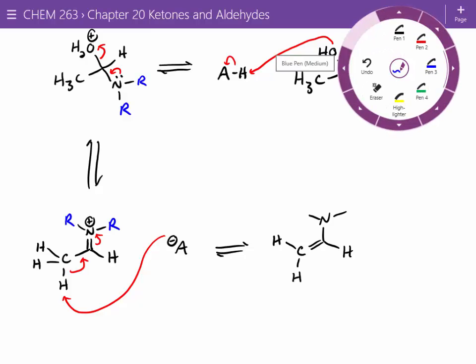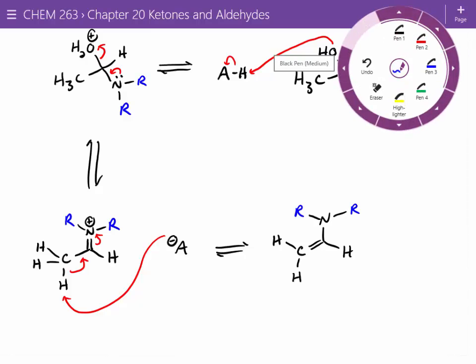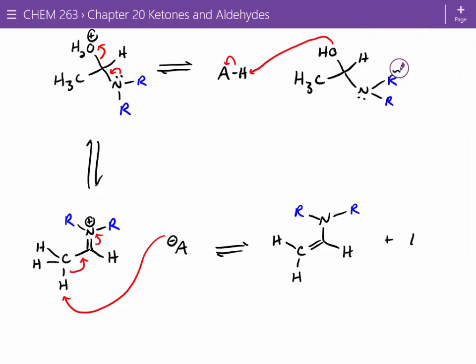And you end up with both of your R groups, and you regenerate your acid. And this, we said, was our enamine because we've got an alkene. We don't have a nitrogen-carbon double bond.